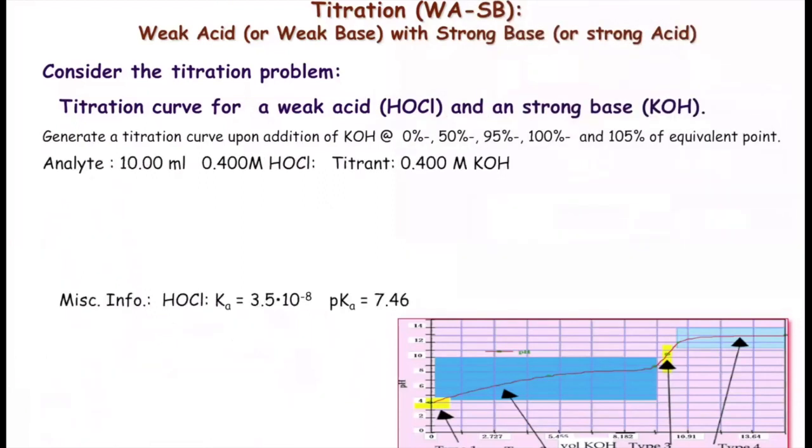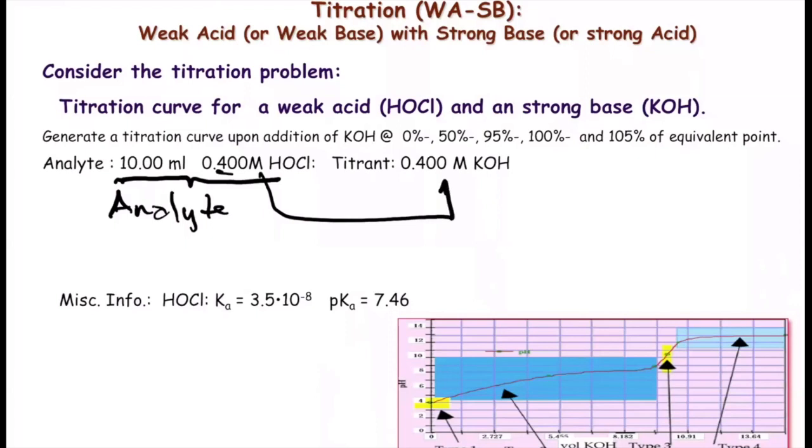So this is the other information that we have. This is your analyte: 10 mL, 0.4 molar. I make this problem easy because the concentration of your acid and the base are equal.